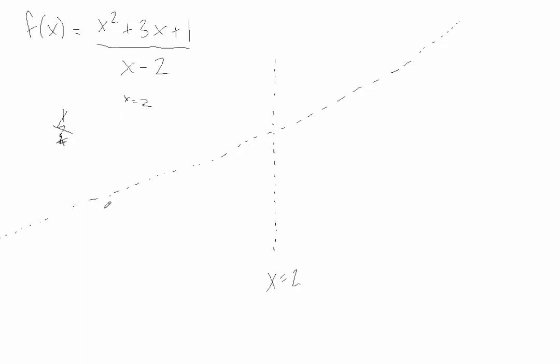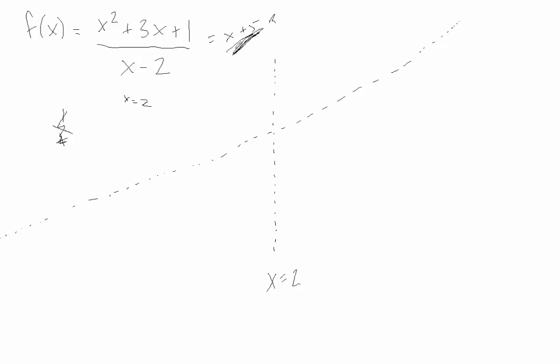But what happens is, if we look at the ratio of the top to the bottom, we looked at it before: the ratio of the leading coefficients when the degree was the same, and when the degree was less on top than on the bottom, that ratio goes to 0. Here we've got the ratio of a quadratic to a linear equation. If I divide the top by the bottom, I end up getting x plus 5 with a remainder.